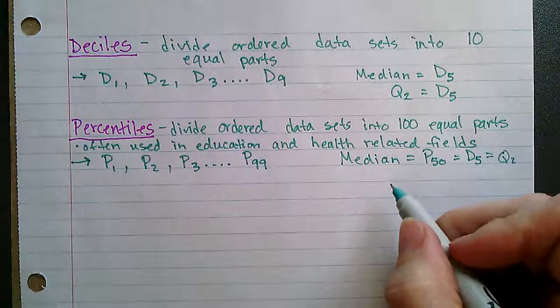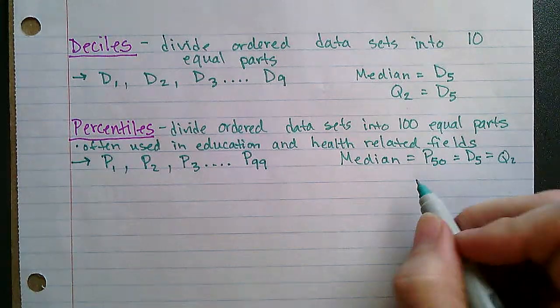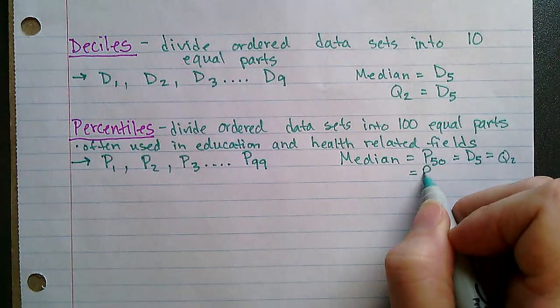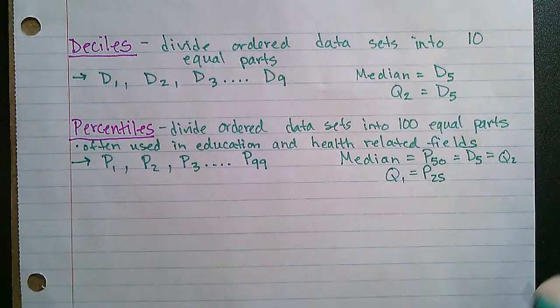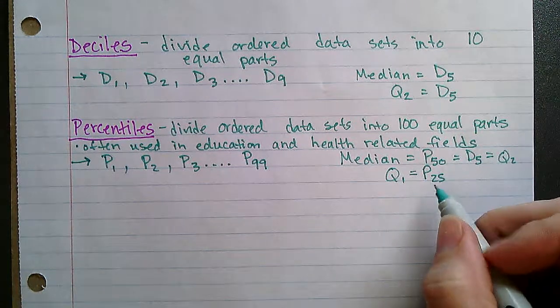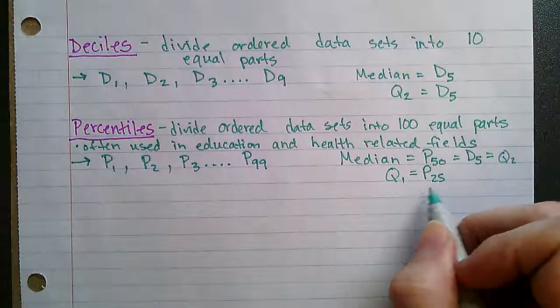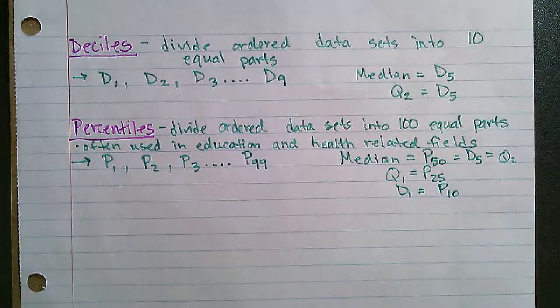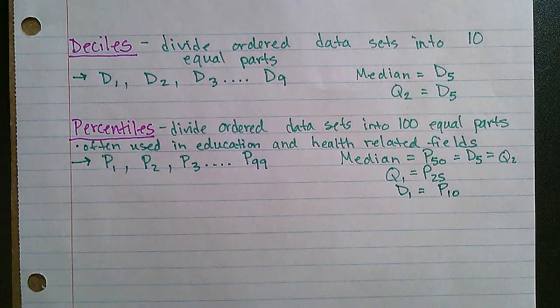With percentiles, though, we can split it even further. So P25 would be the same as Q1. We can also equate percentiles to deciles. So D1 would be the same thing as P10. So you can kind of go back and forth between percentiles and other measures.